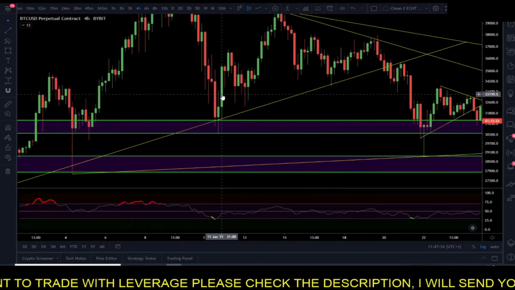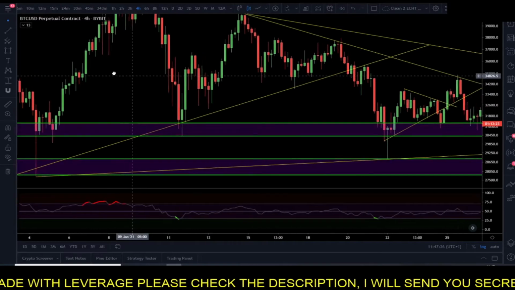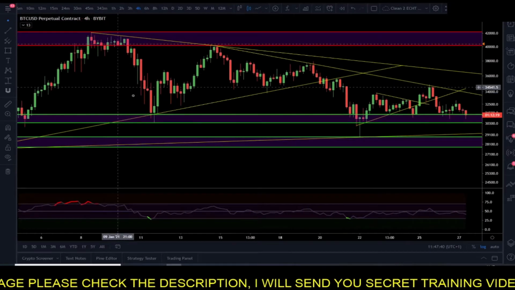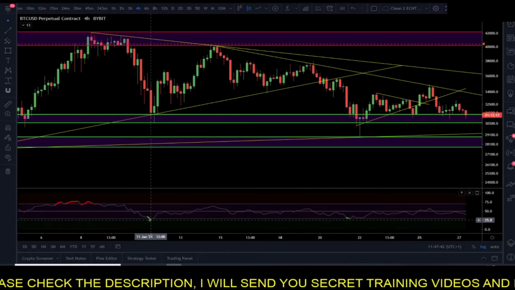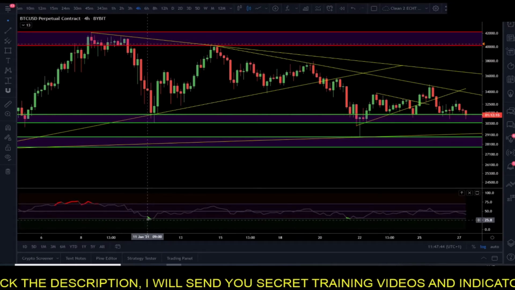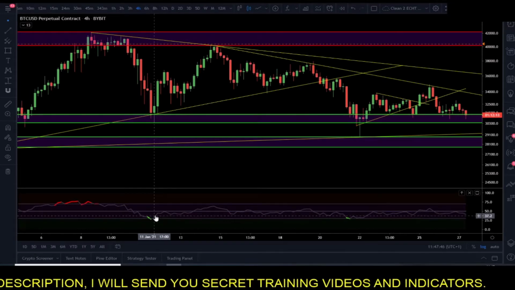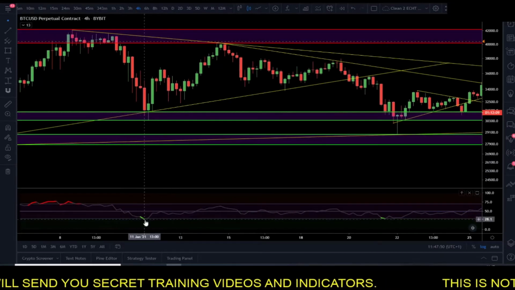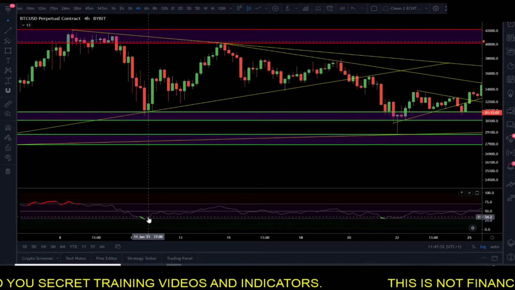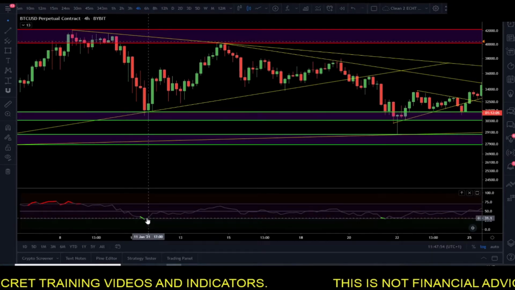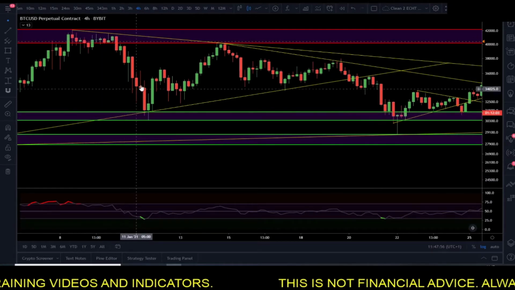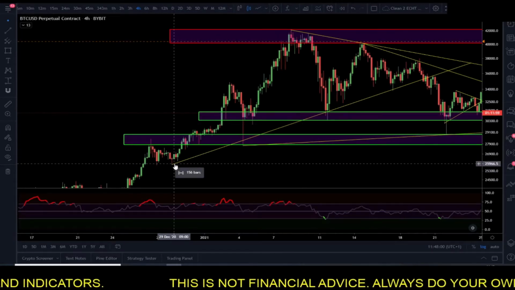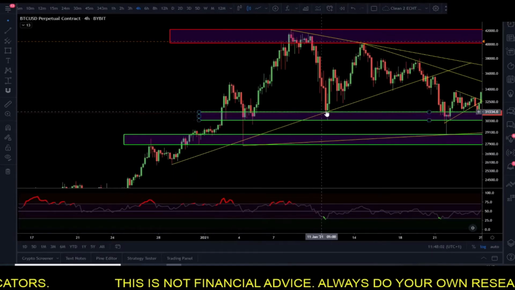So just to give an example, here we knew that we were oversold. So what do you do? From the moment that the price is going back into the gray area, you add a long, because we know that we are at our trend line.